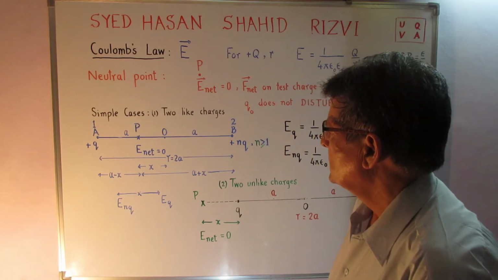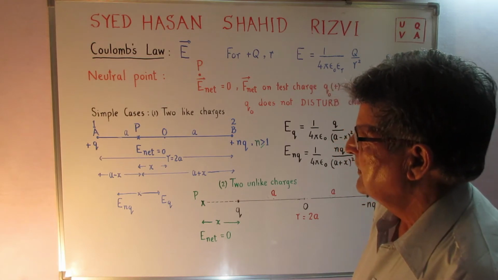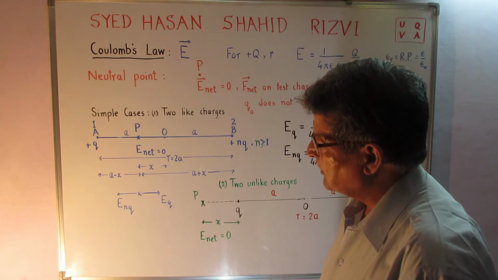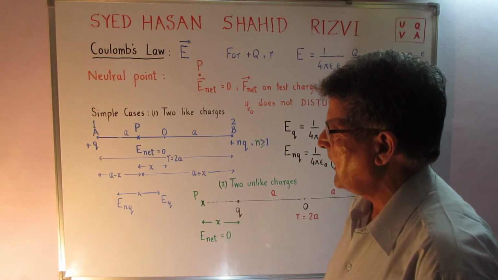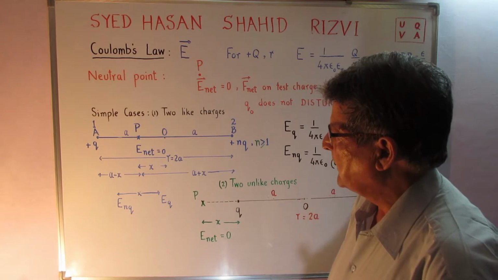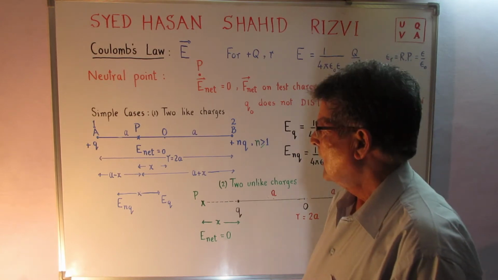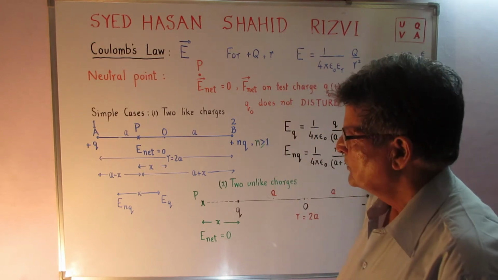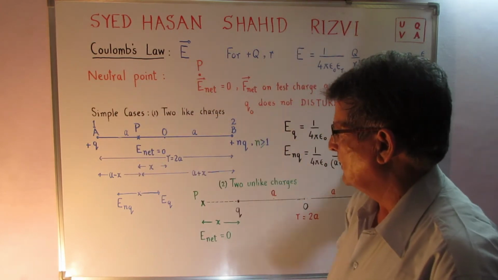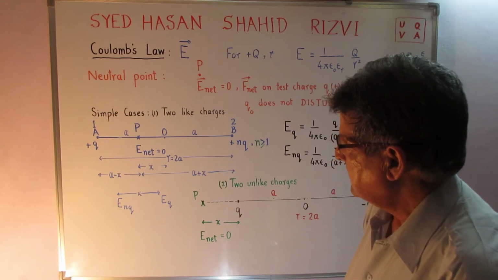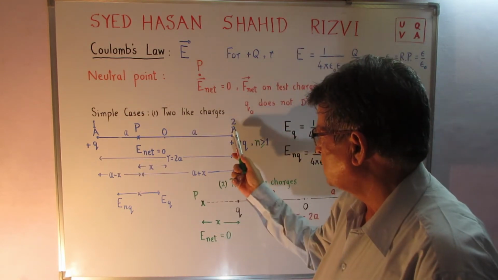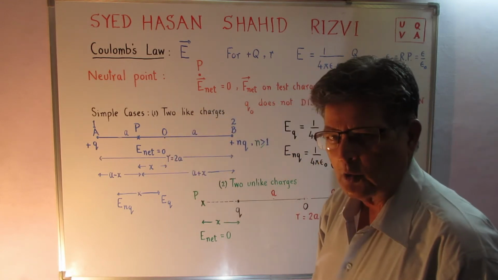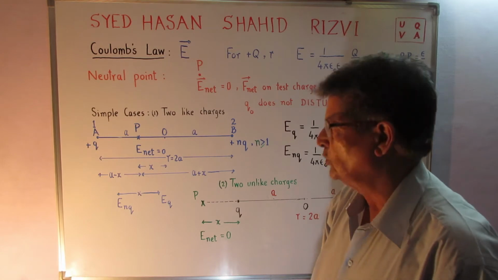So let us search as to where I'll get a neutral point at which the electric field will be equal to 0. Now suppose I take n equal to 1. So I have plus Q here and plus Q here, and the line joining the 2 charges is bisected at the point O, the center of the line joining the two.